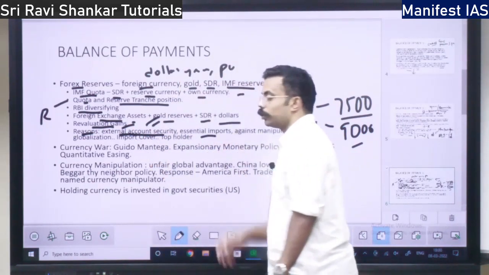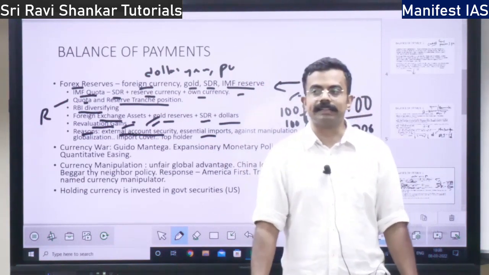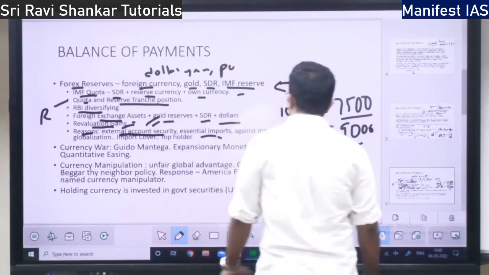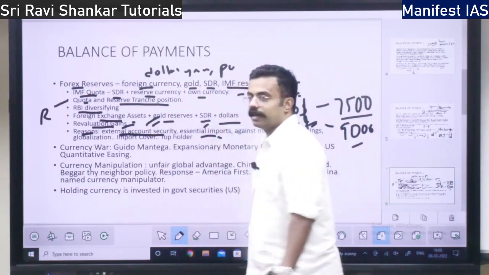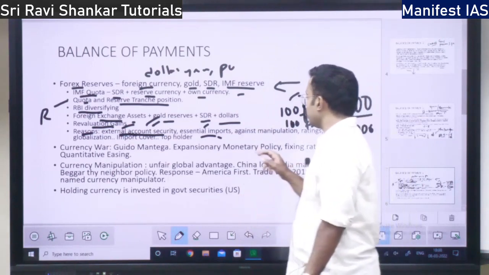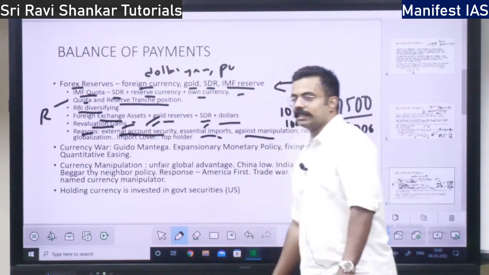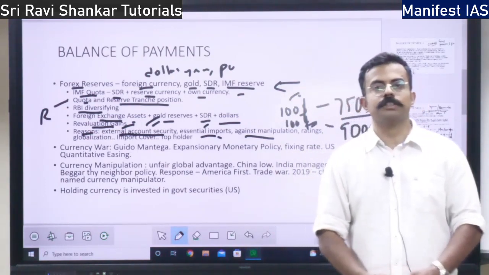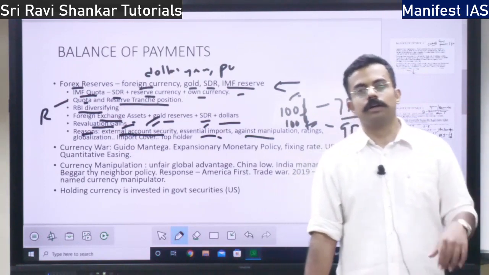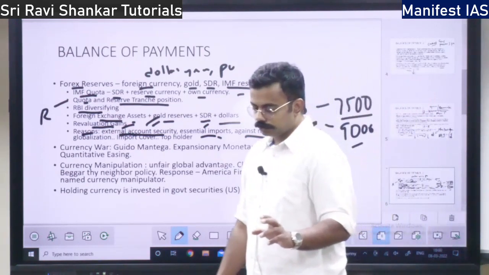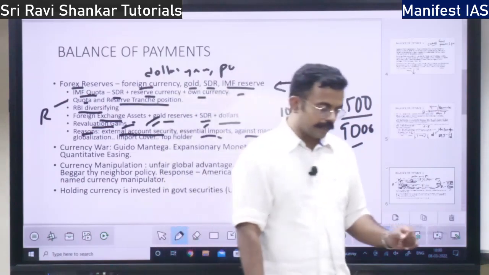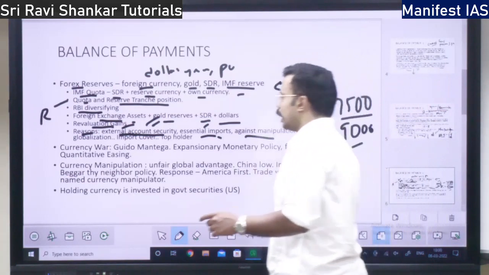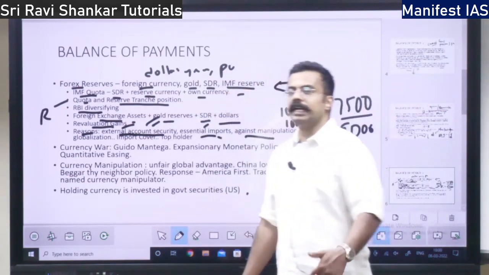Apart from that, fuel and all those things are essential imports. So in order to import the essential items, Forex reserve is required, right? Apart from that, it is against manipulation. We are now holding approximately $700 billion of Forex reserve. See, China manipulates the currency, and when China manipulates the currency, it will impact the Indian rupee.